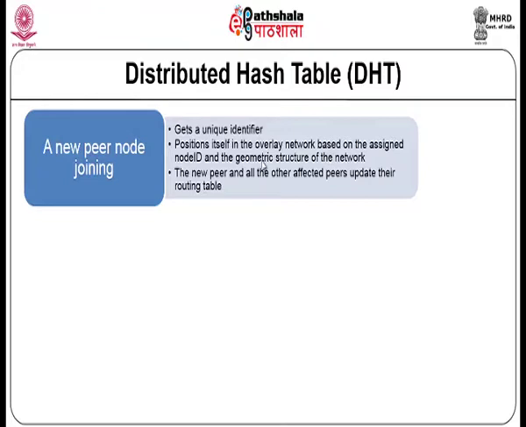Now, when a new node joins, I hash its IP address or a specific part of the new node and get a value mapped to some number between 1 to 10 other than 1, 7 and 10. So, we get that, and the node represents that particular number in the logical network.